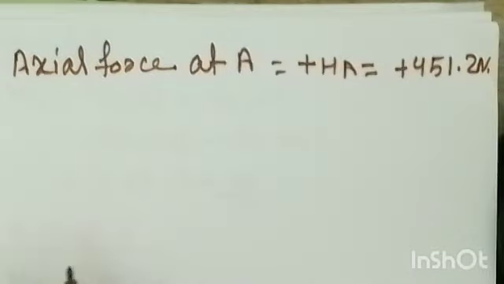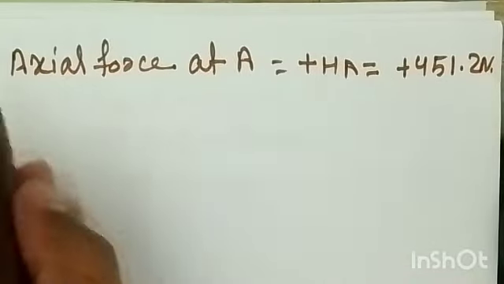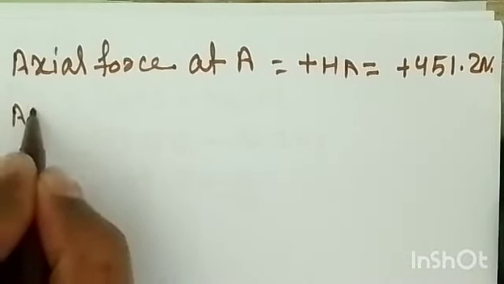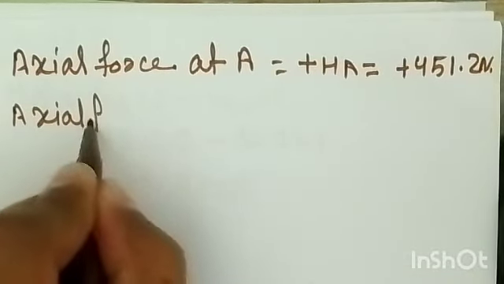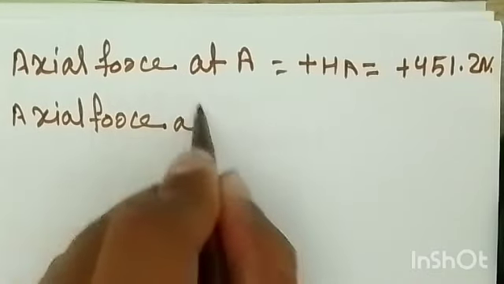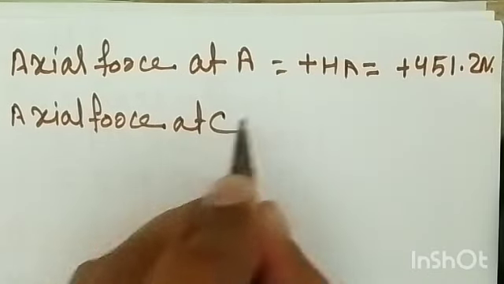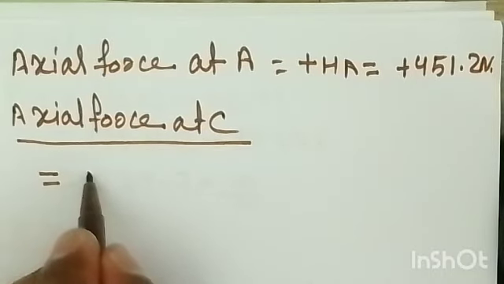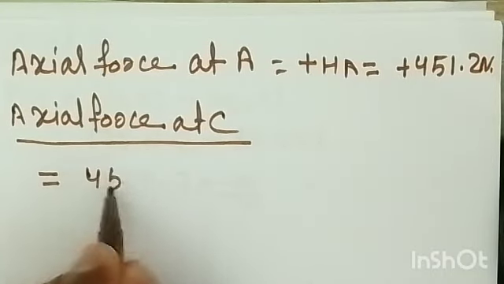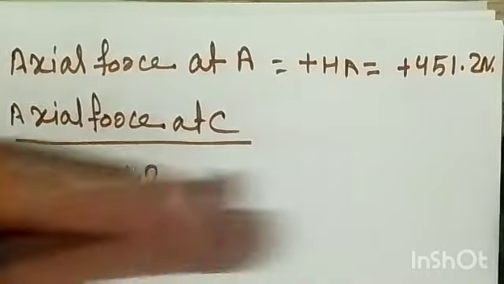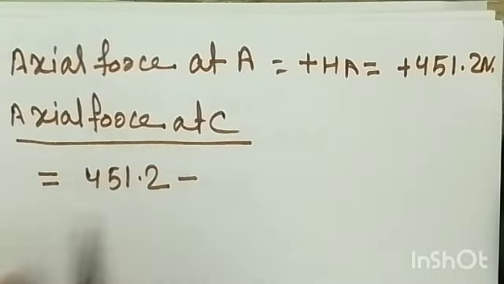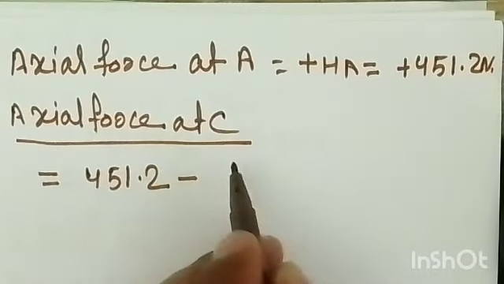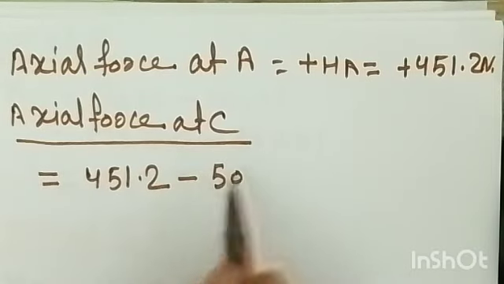Directly I am writing the axial force at C, D and E. So the axial force at C is equal to 451.2 because of the horizontal reaction, minus 50 at C where the load is, right?